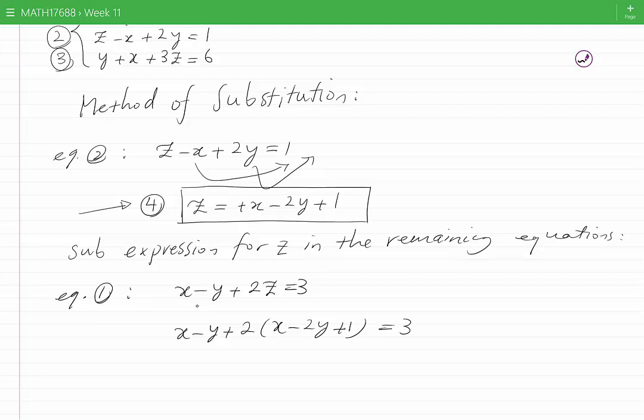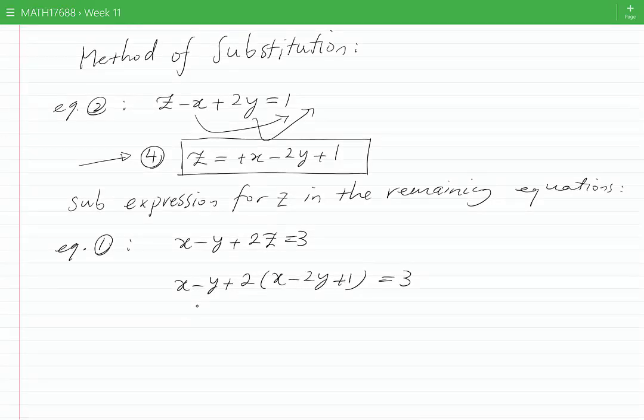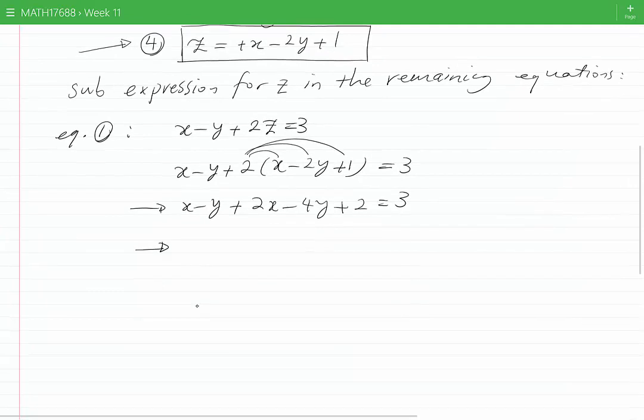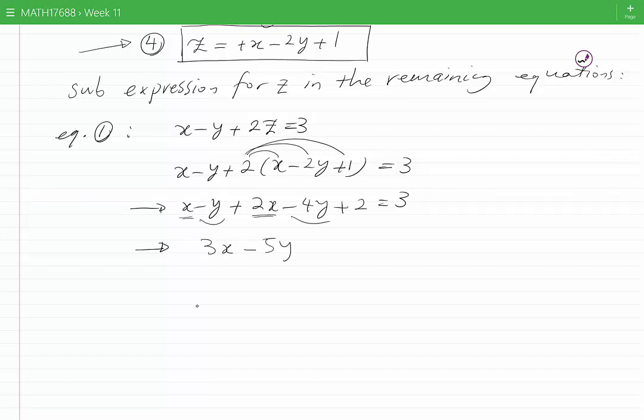This equation involves x and y only. I can simplify this to get x minus y plus 2x minus 4y plus 2 is equal to 3. I can simplify this further to get x plus 2x, 3x, and then minus y and minus 4y, minus 5y.